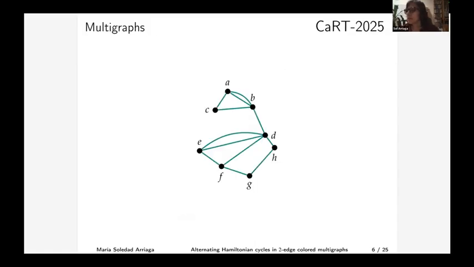Also, I want to say that a multigraph is a graph where we admit more than one edge between two vertices.